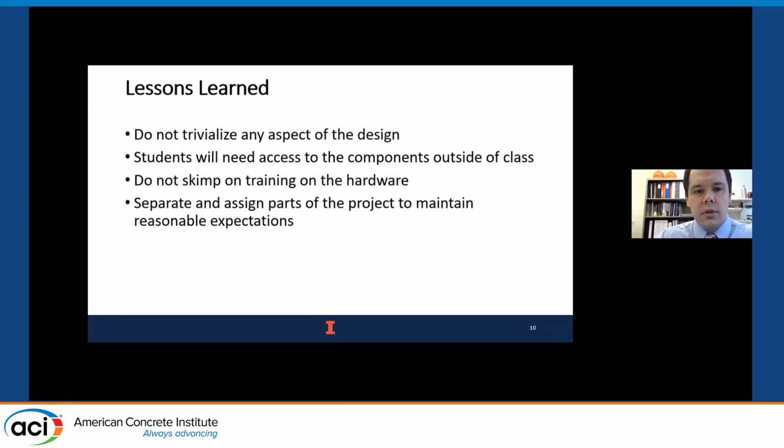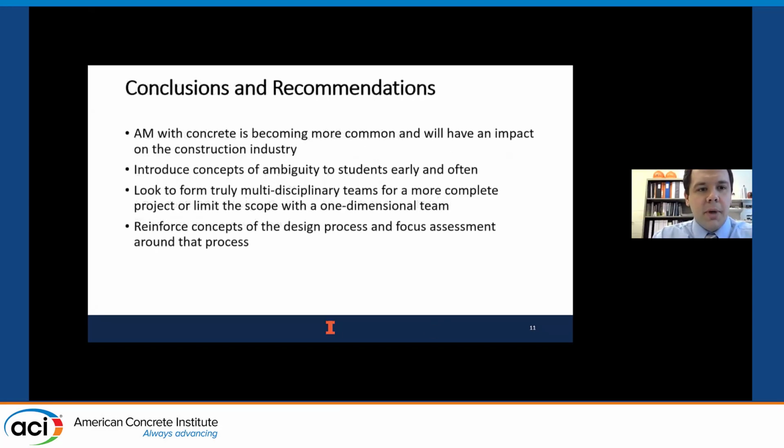Also, I'm going to follow it up here in my conclusions. Look at truly multidisciplinary teams. I think civil engineers and really all of us try to get away with ABET's multidisciplinary teaming by saying, hey, we put a geotech with a structural engineer and that's a multidisciplinary team.